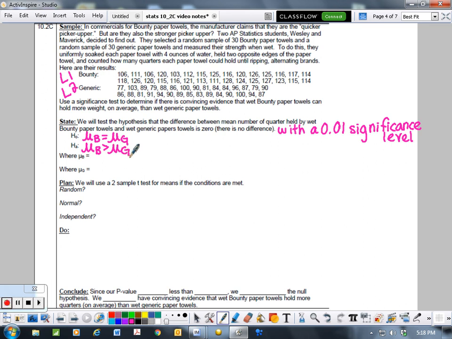Now here is the part that a lot of people tend to forget. They tend to forget, what is mu b? Mu b is the mean amount of quarters held by Bounty paper towels.